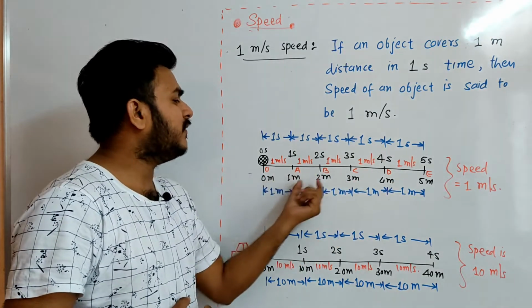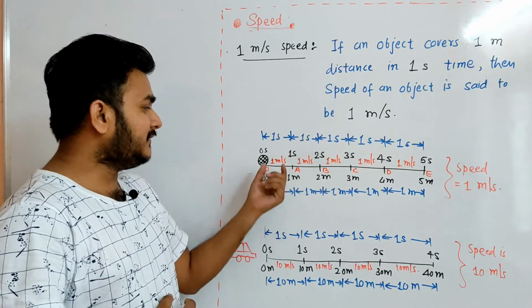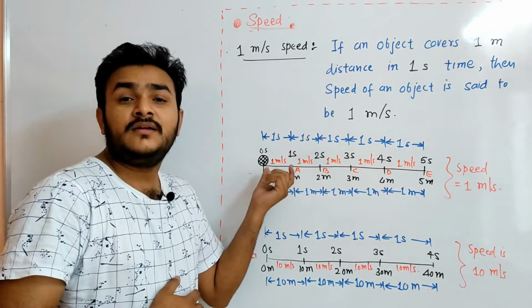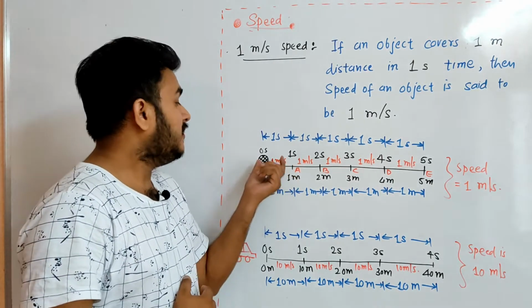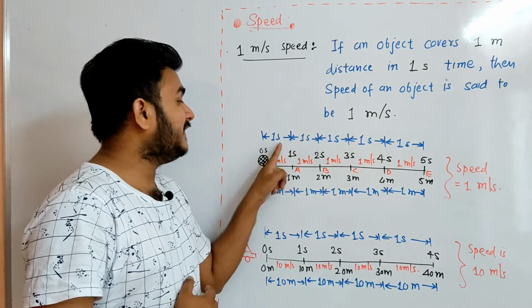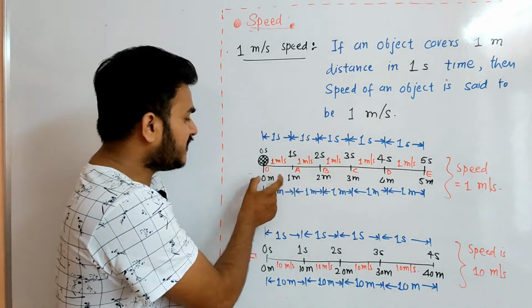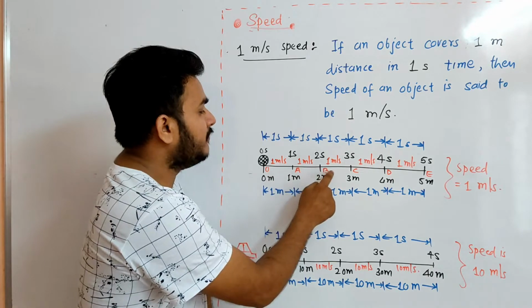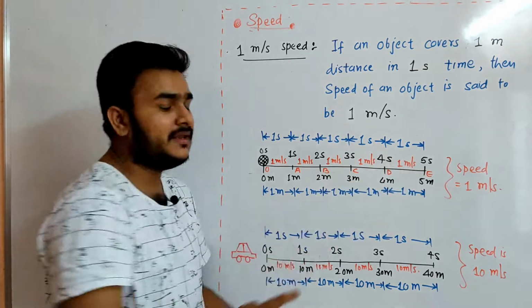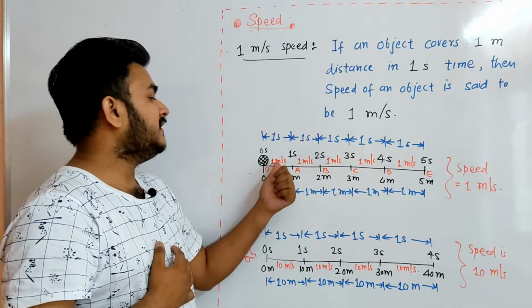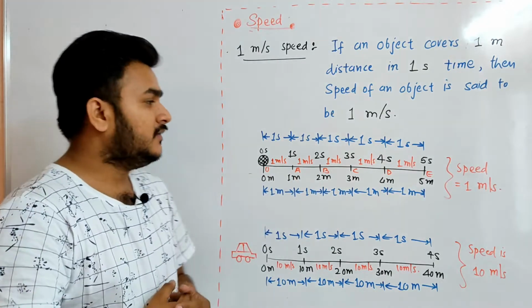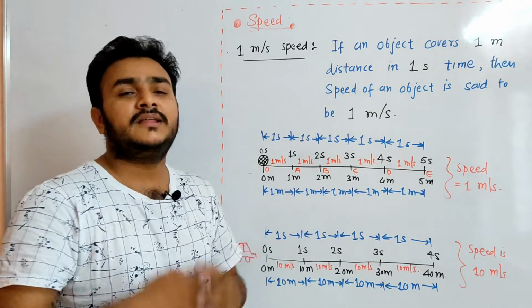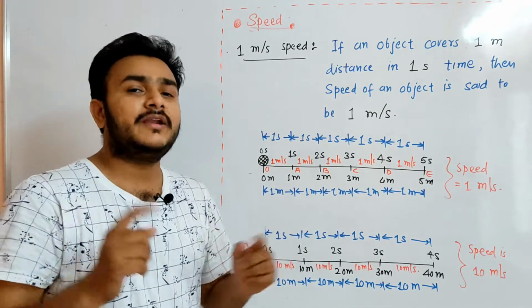Each section is of 1 meter distance. To cover the 1 meter distance of each section, the ball is taking 1 second time interval. So for each section, from O to A, A to B, B to C, C to D and D to E, the speed of the ball is said to be 1 meter per second. So for the entire journey, the speed of the ball is 1 meter per second.